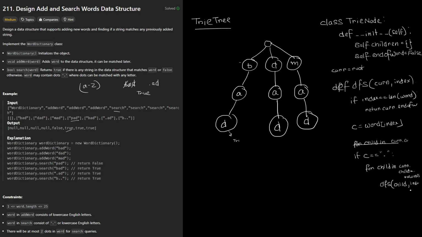So index plus 1, because we had already checked for the dot. We have to move to the next one, and if it's correct, then we can return true, else we have to return false.